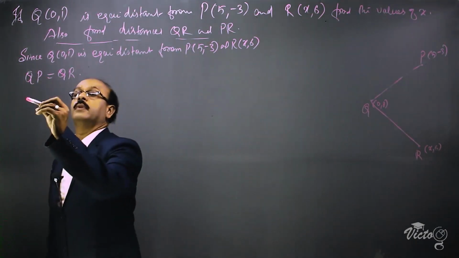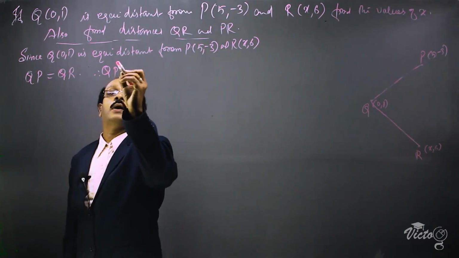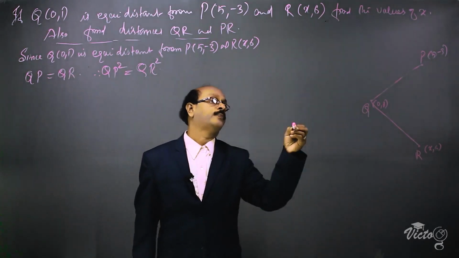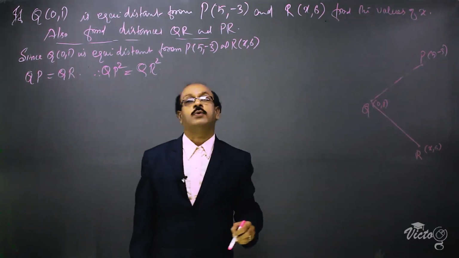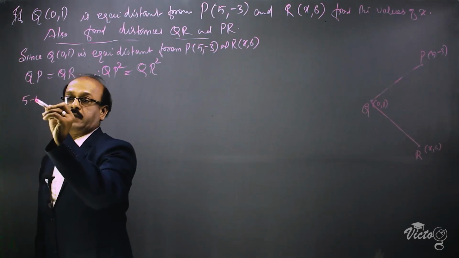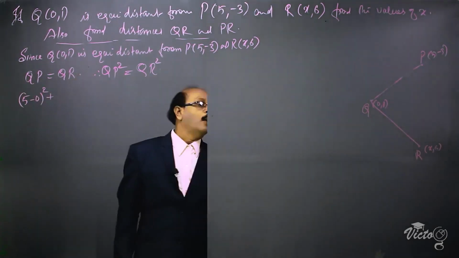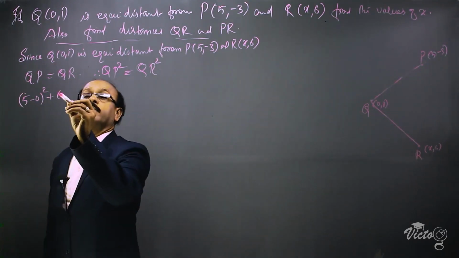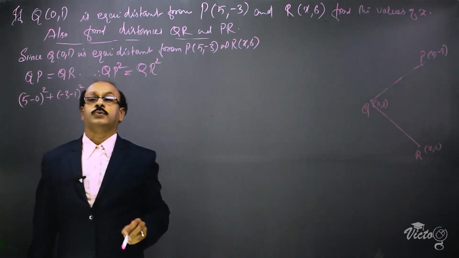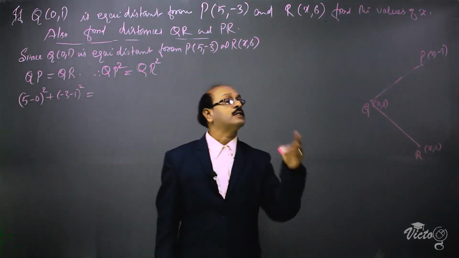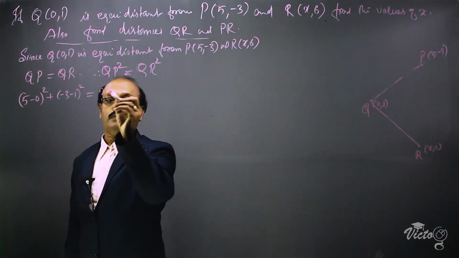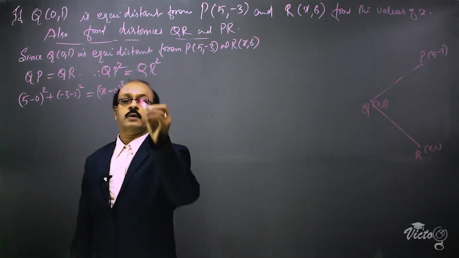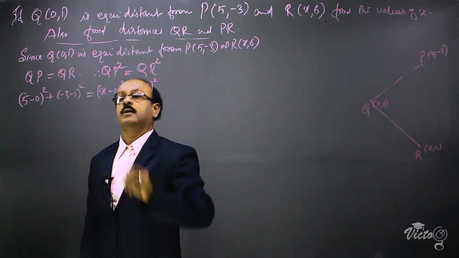Therefore QP squared equals QR squared. That means (5 minus 0) squared plus (-3 minus 1) squared equals (x minus 0) squared plus (6 minus 1) squared.